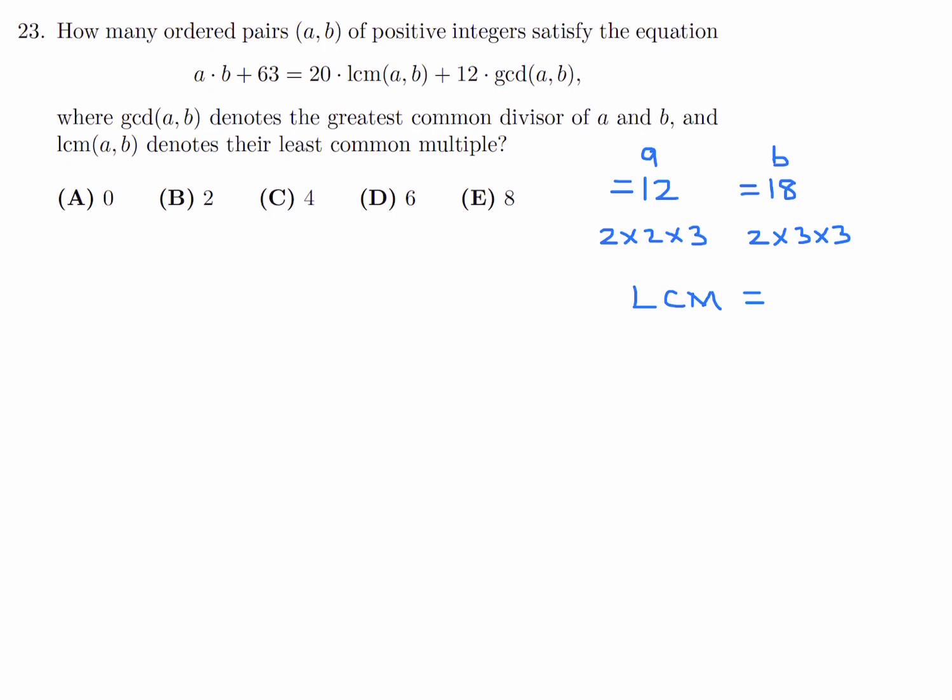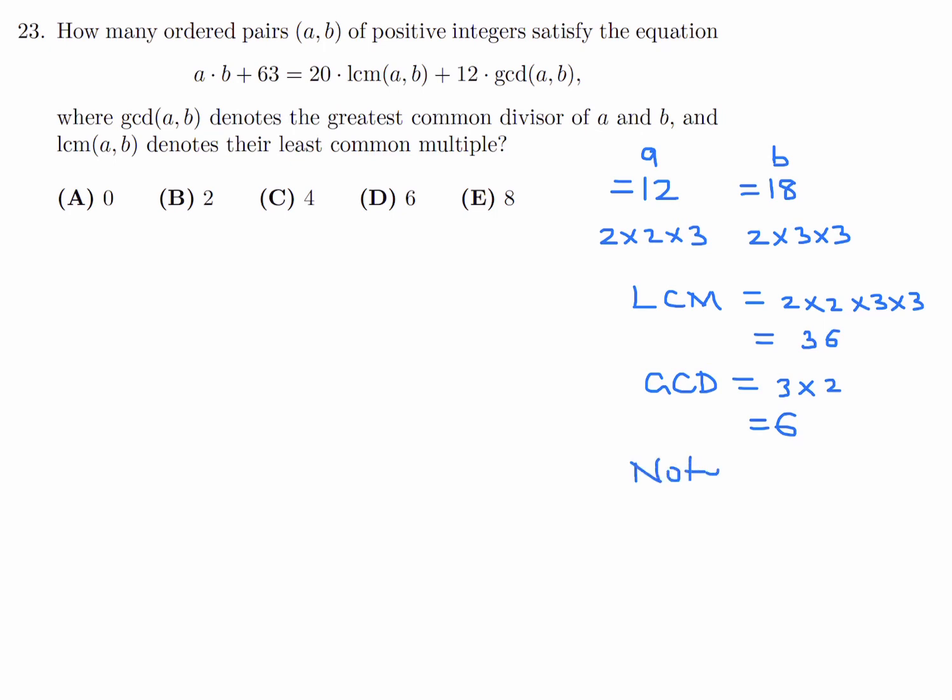The least common multiple looks like 2 times 2 times 3 times 3, so that would be 4 times 9, which is 36. Now let's calculate the GCD, the greatest common divisor. What number goes into both? I think that is going to be 3 and 2, 3 times 2, which is 6. So the LCM is 36 and the GCD is 6.